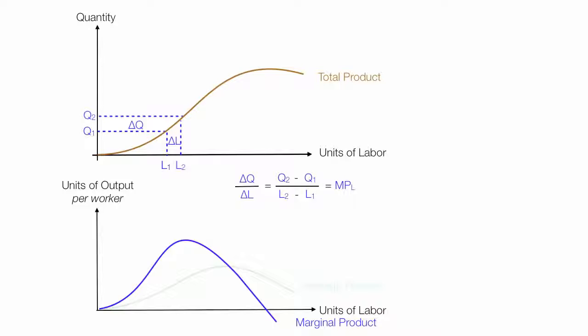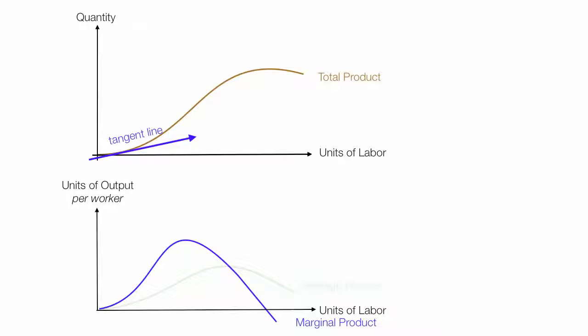In fact, the change in labor is 1 labor unit. So in essence, we want to know, if labor goes up 1 unit, how much does quantity produced change? Marginal product of labor is the slope of the total product curve. A tangent line at any point on that total product curve is the slope, or the rate of change, and that's also marginal productivity of labor at every point.